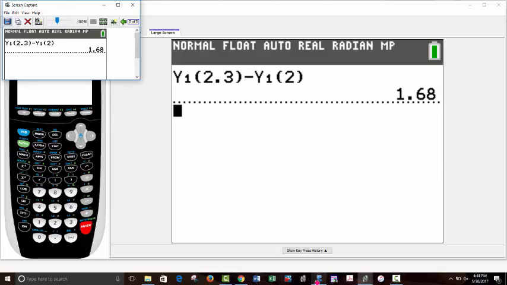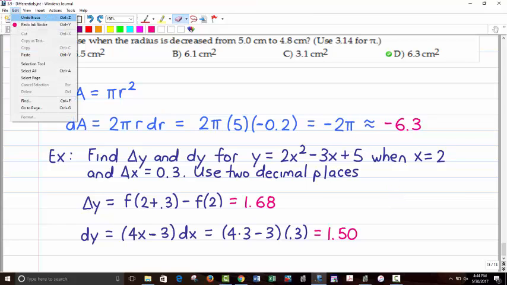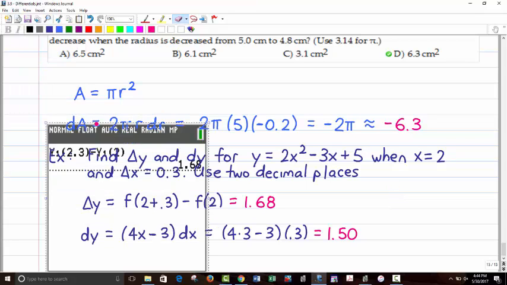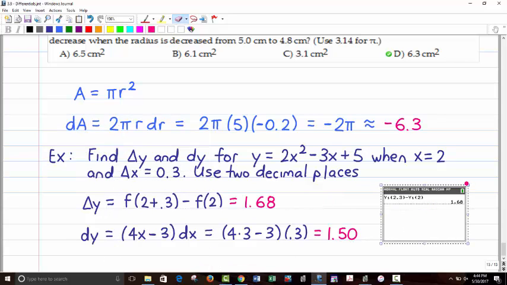All right, so now I'll copy that back in there just so we can see it. And also, it was 1.68. That's good news.